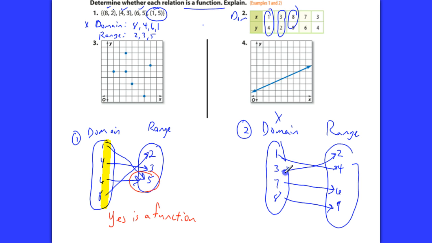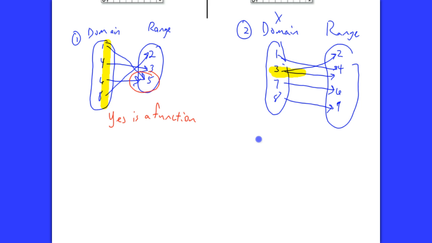And then here, this 3 output a 4. So right there, that's the answer I'm looking for. See how 3 output 2 different answers? Therefore, this one is not a function. X equals 3 has 2 different outputs.